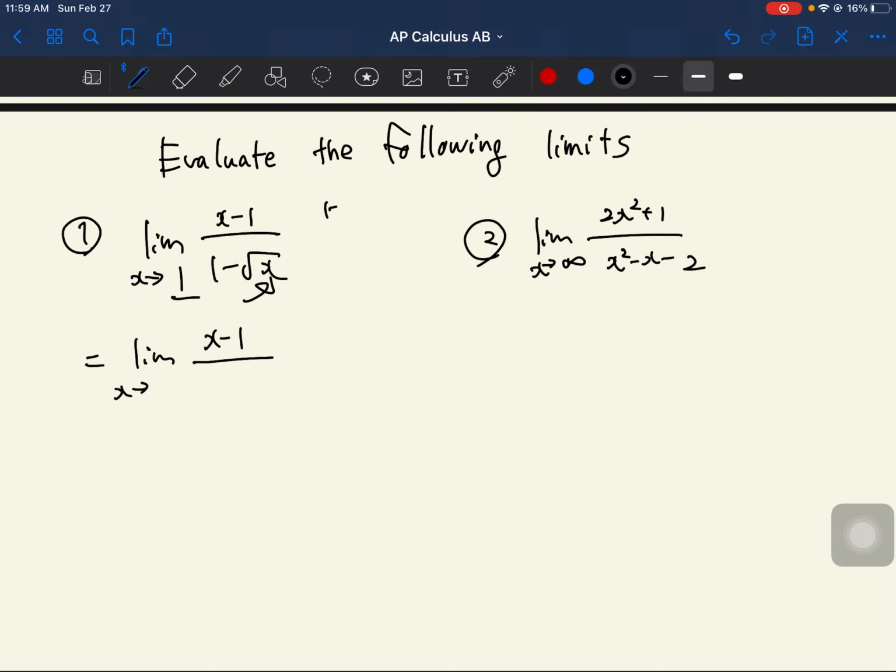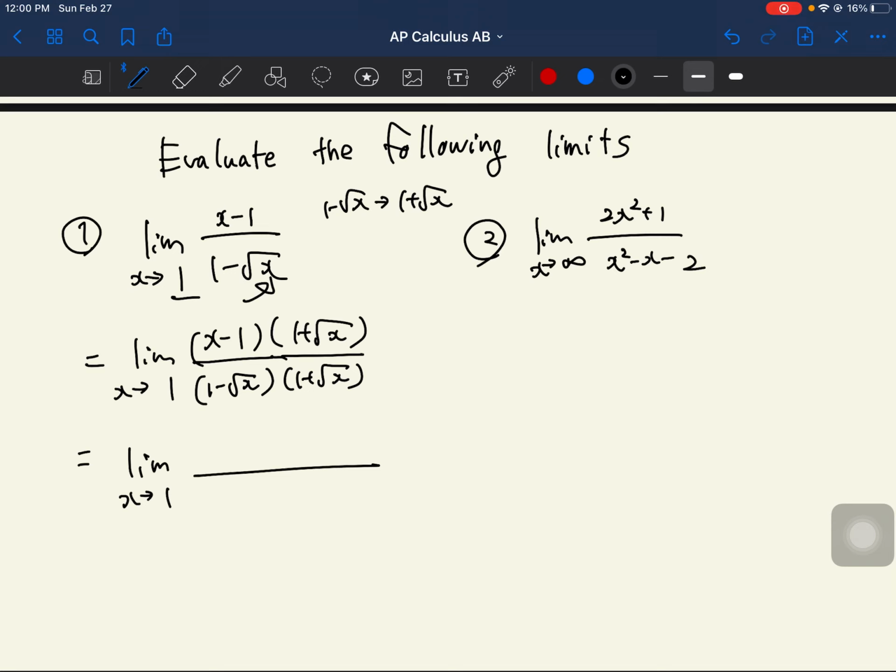Do you remember the conjugate? The conjugate of 1 minus square root of x is 1 plus square root of x. This is a conjugate. So let me multiply by the conjugate of 1 minus square root of x, which is 1 plus square root of x, like this.